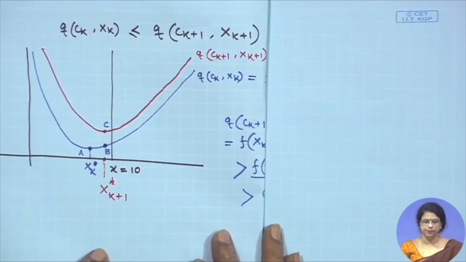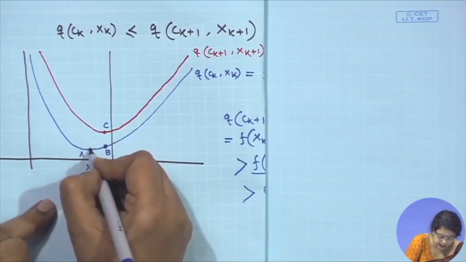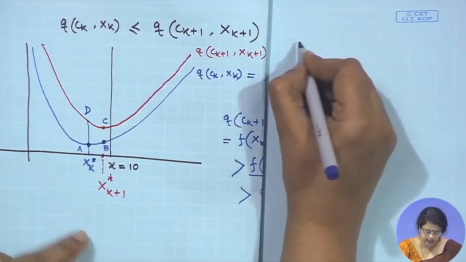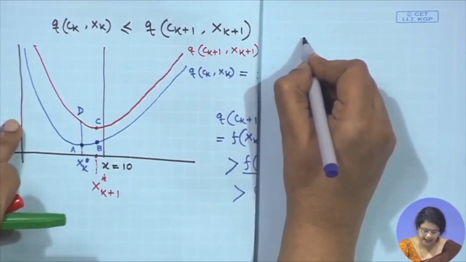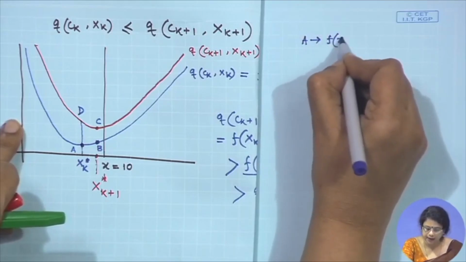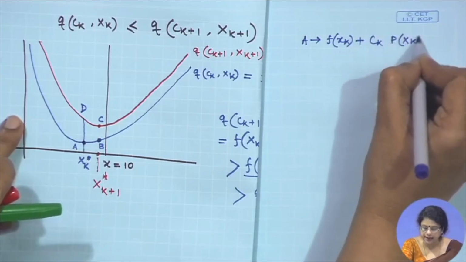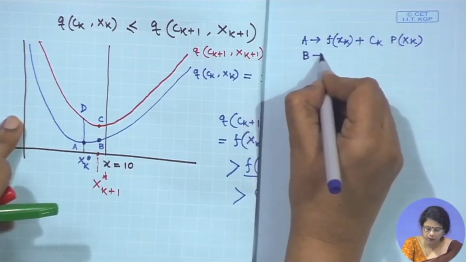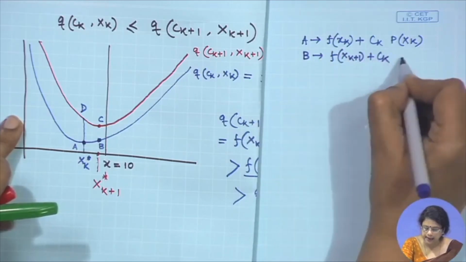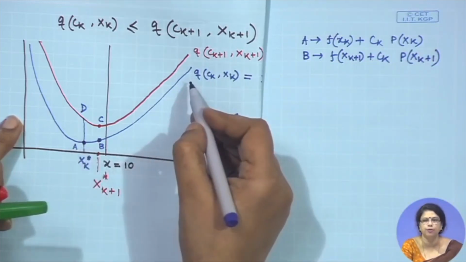Is that clear? Now, here I can say if I consider one point at the top here as D, then what is the value at A? Value at A would be f(x_k) plus c_k p(x_k). Value at B would be f(x_{k+1}) plus c_k p(x_{k+1}), because B is on the same curve.